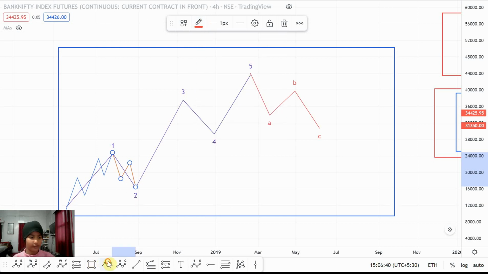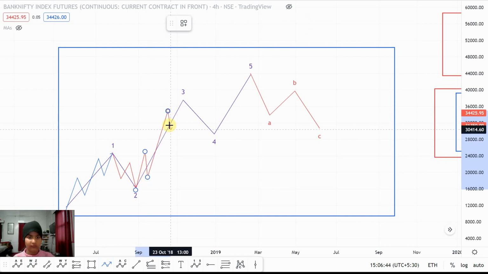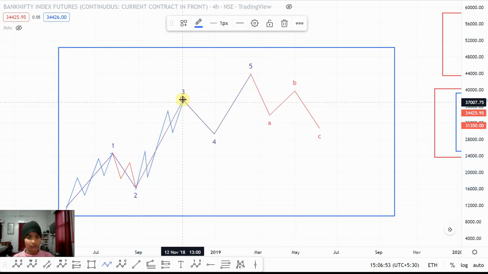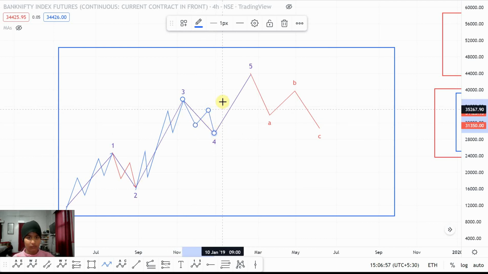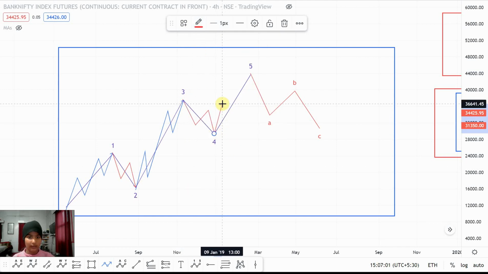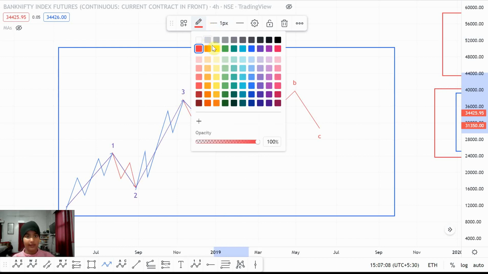Red, blue, this has red, and this has blue.